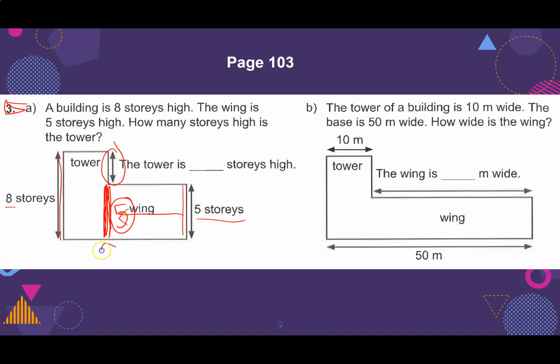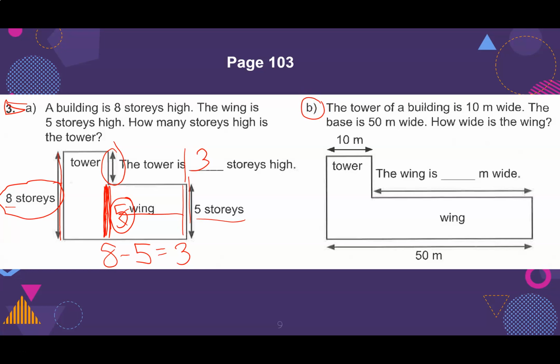That will tell us how many stories high the tower is. 8 minus 5 is 3. So the tower is 3 stories high. You can think of it like 5 plus 3 equals the total of 8 stories. I will read part B to you, and then I would like you to try it on your own.